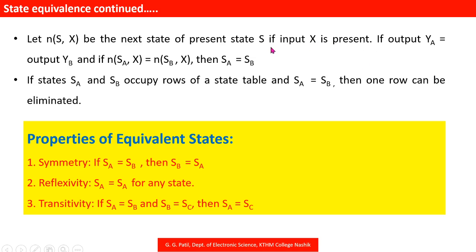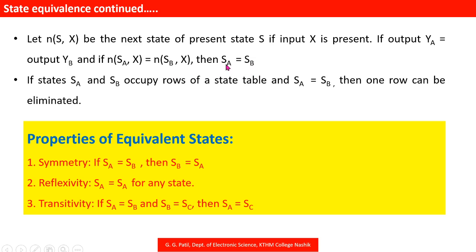Means for input X and having the state S, n of Sx is the next state, and if output Ya is equal to output Yb, and if the next state of A and the next state of B are the same, then SA is equal to SB according to the state equivalence theorem.